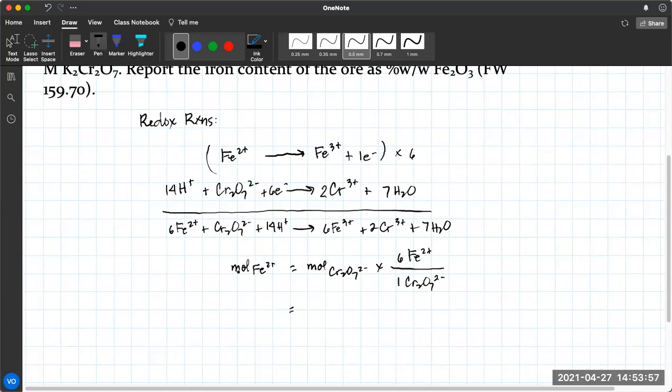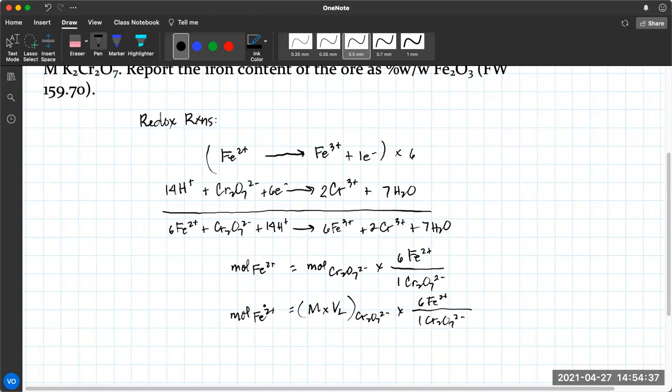So again, the number of moles of the dichromate will be equal to molarity times volume in liters of the dichromate, times again our stoichiometric factor, 6 Fe2+ per 1 Cr2O7 2-. And this will give you the number of moles of iron 2+.